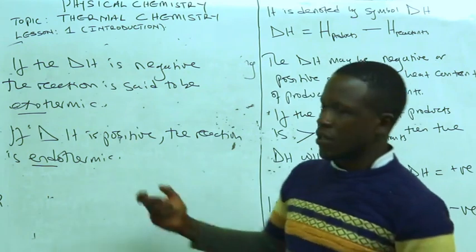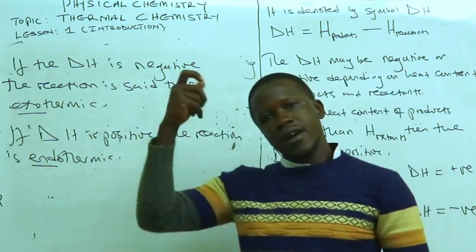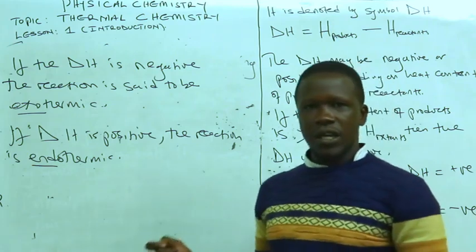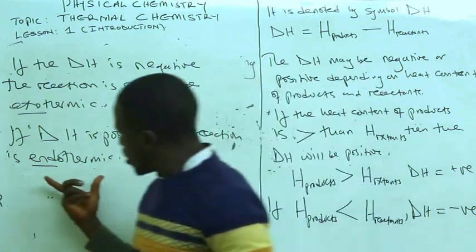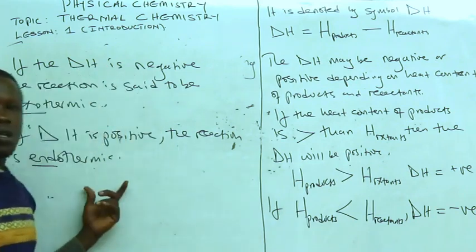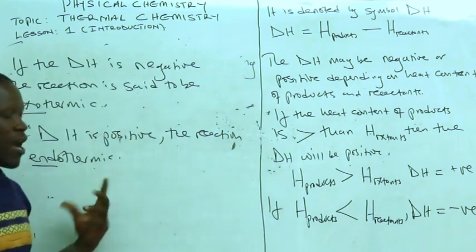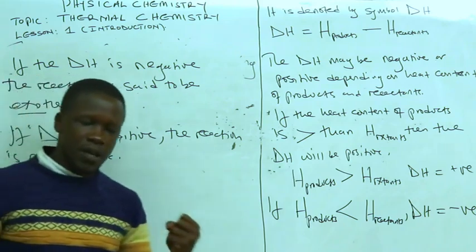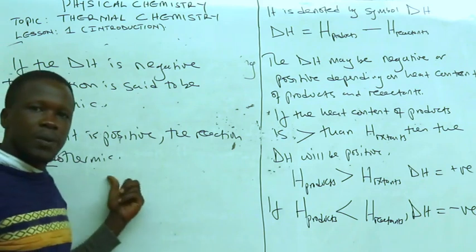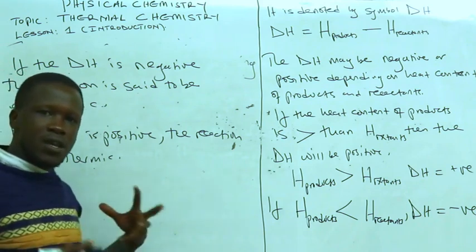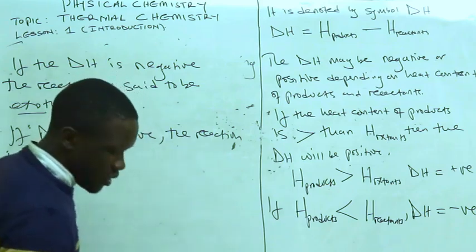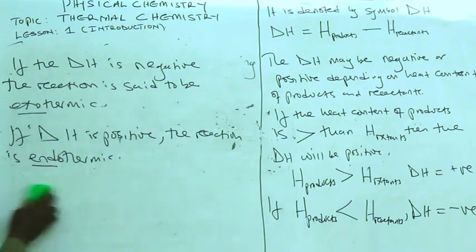The products formed are at a higher energy content than the reactants. So you feel the surrounding becomes colder. If I was making a solution and I feel the container becoming colder, then the reaction taking place is endothermic. Heat is being absorbed from the surrounding. So these terms are also used.